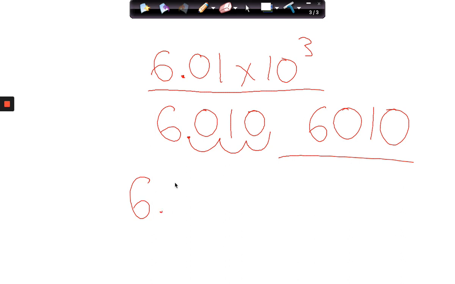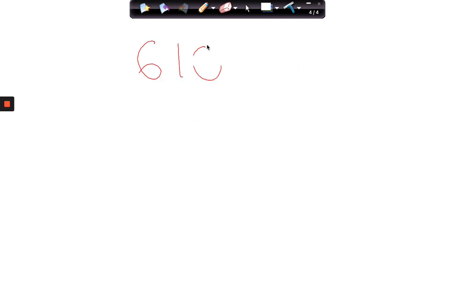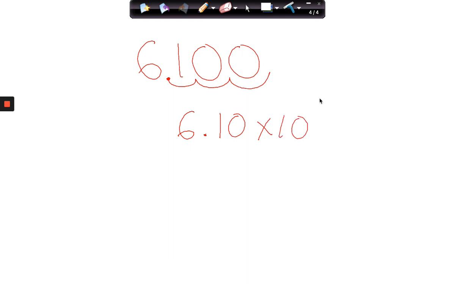Yeah, great point. 6.10. And if you were to write, say it's 10 to the third, and if you were to write this out, you'd end up with this, which is only 2 significant digits, right? We're going to leverage that in homework today, because if we wanted to take the number 6,100, and if we wanted to write that number to 3 significant digits, what we would do is put it in scientific notation, and it would be 6.10 times 10 to the third.